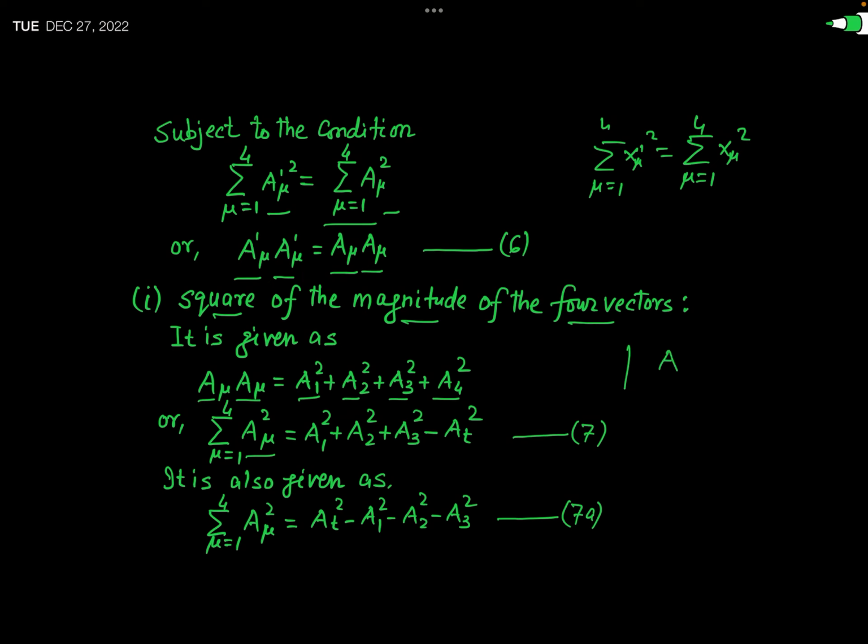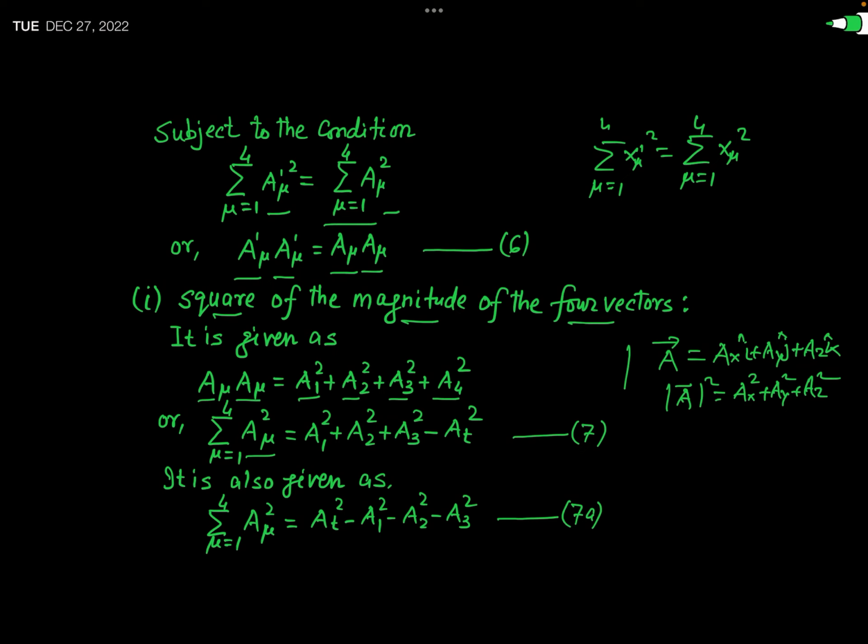As you know, if there is a vector in 3D space represented by a equal to axi plus ayj plus azk, then you know that mod of a square is simply given by ax square plus ay square plus az square.